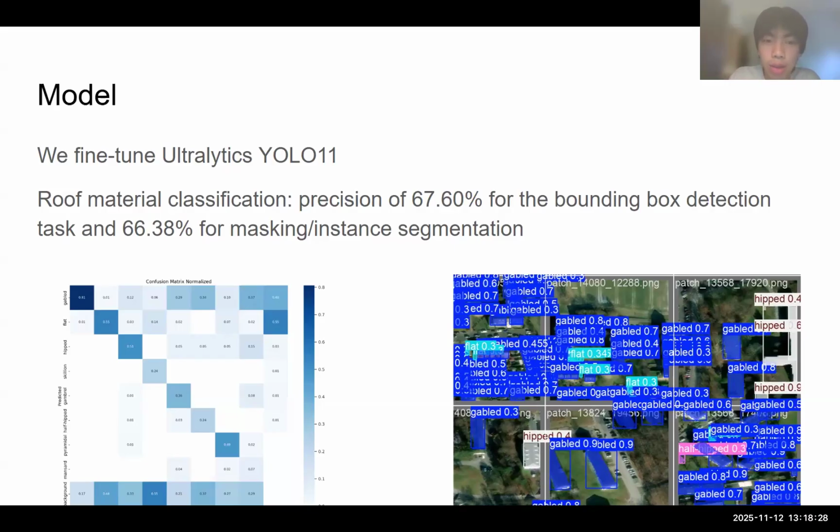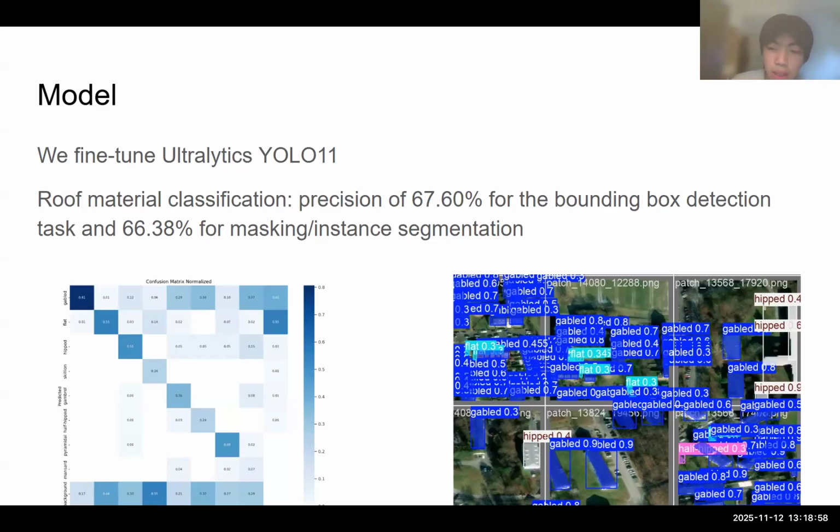And for the actual masking task, I think this was measured through intersection over union, which is the amount of shared pixels over the combined total of predicted pixels and ground truth pixels. That achieved a 66.38% precision.